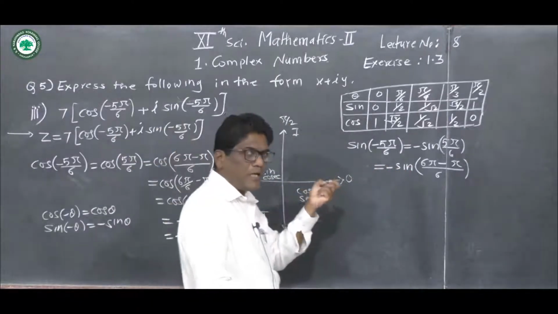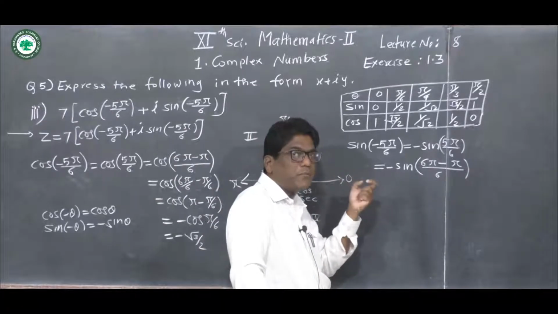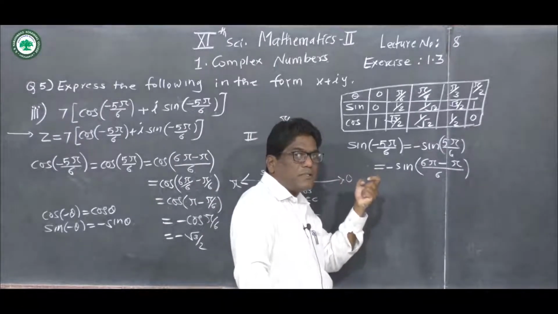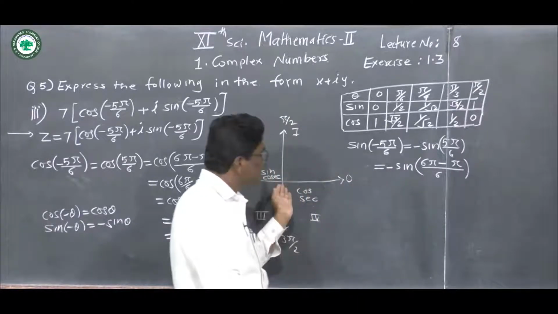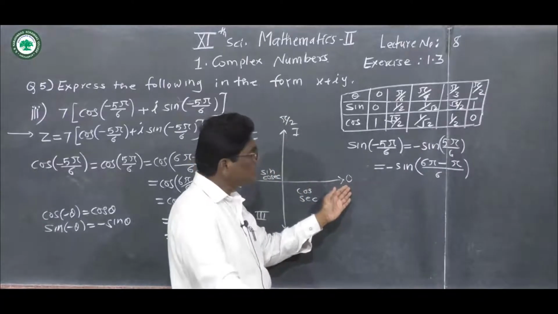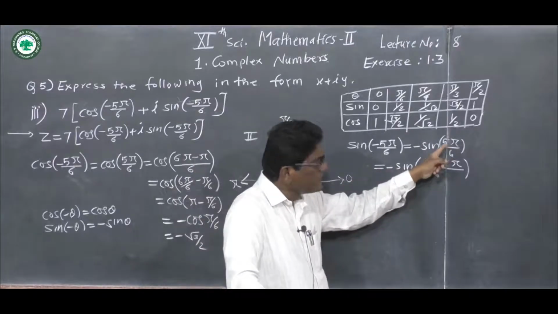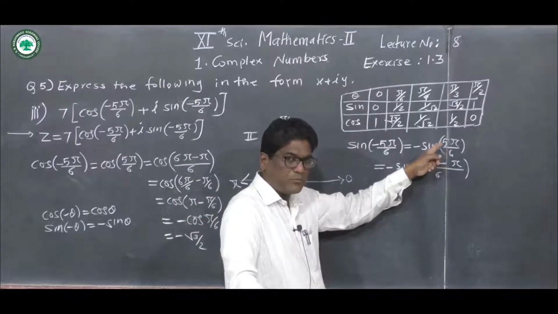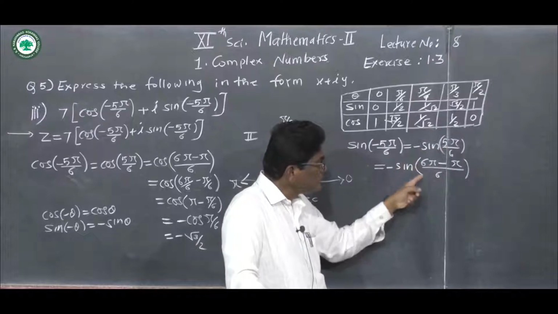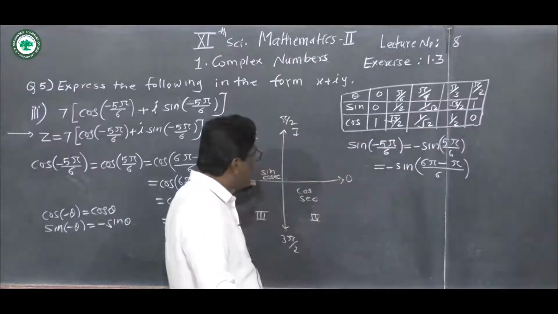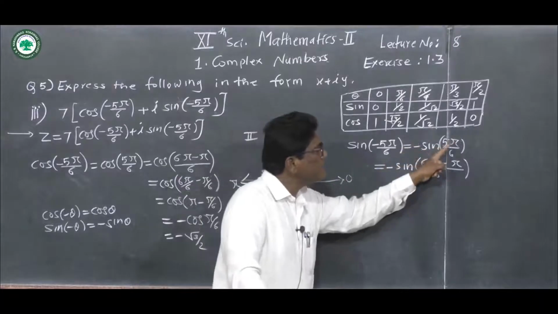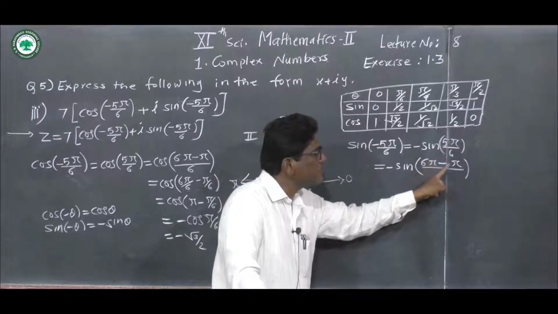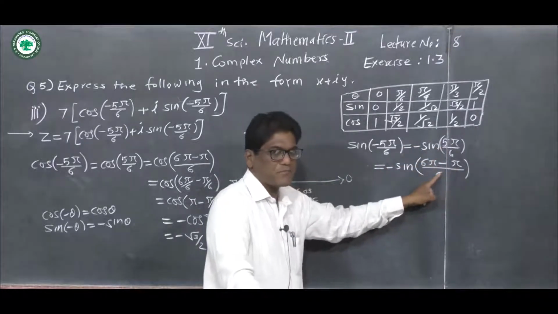So at that time we take 8 pi, because when we divide 8 by 4 we get 2 pi. So when we divide the numerator by the denominator, the first number should give either pi or 2 pi, and for that purpose we adjust the number like this: 6 pi minus pi upon 6.